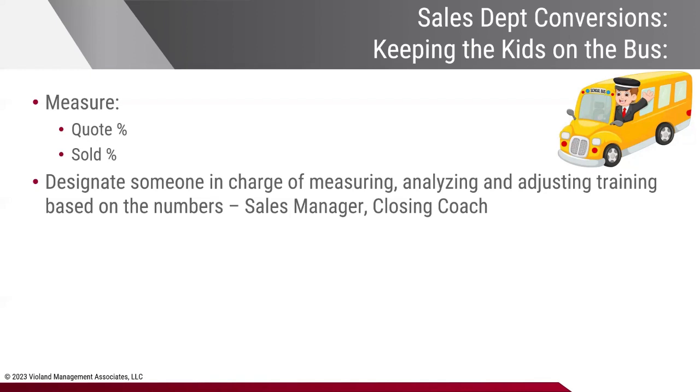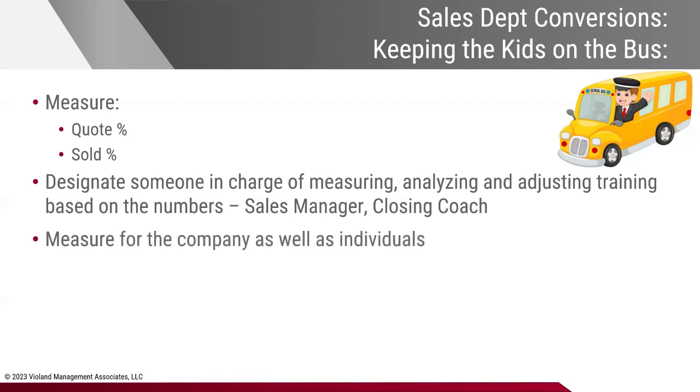Reacting means adjusting training, doing some ride-alongs, maybe reducing the amount of leads some sales reps get in order to find their sweet spot. But someone needs to work on this conversion all the time and have their pulse on it. In fact, you need to measure these two numbers for the company as well as the individuals. So you measure as a whole for the company, but you also measure the individual sales reps to these numbers as well. That way you can compare.